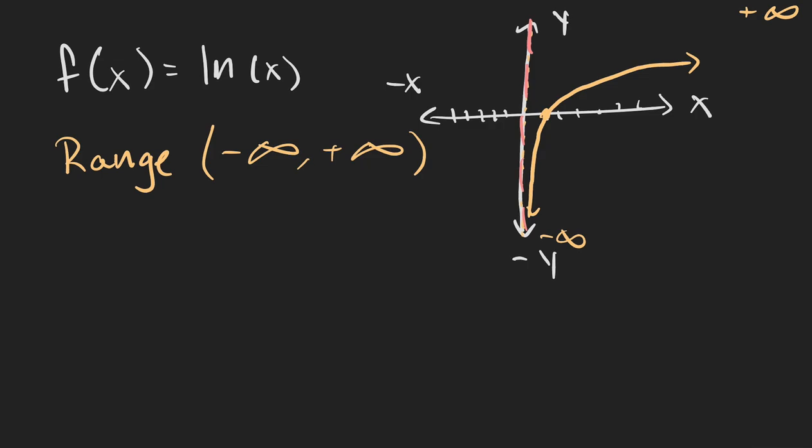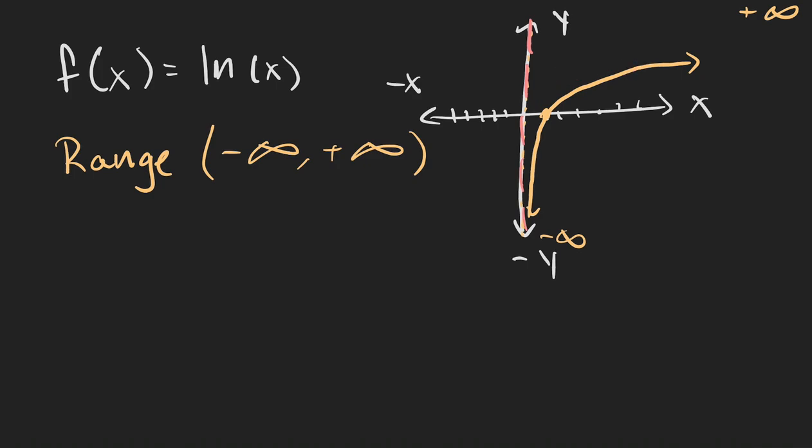Even if it takes a long time to get to infinity, or what we would consider infinity, it's still growing. So just keep that in mind. As long as it's growing, it's going to hit infinity eventually. Even if it doesn't hit it quite as fast as something going like that.